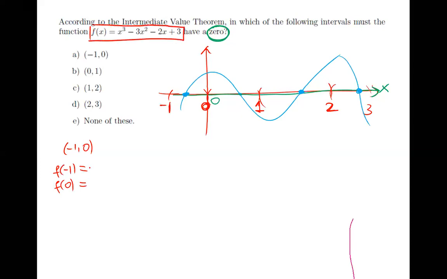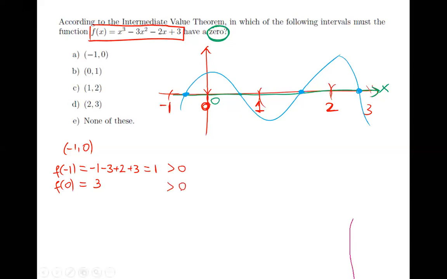Substituting -1, I have -1 cubed, -1 squared times -3, +2 plus 3. This one is +1, you can double check, and this one is 3. That means what I'm getting is a positive number 1, greater than 0, and 3, greater than 0.